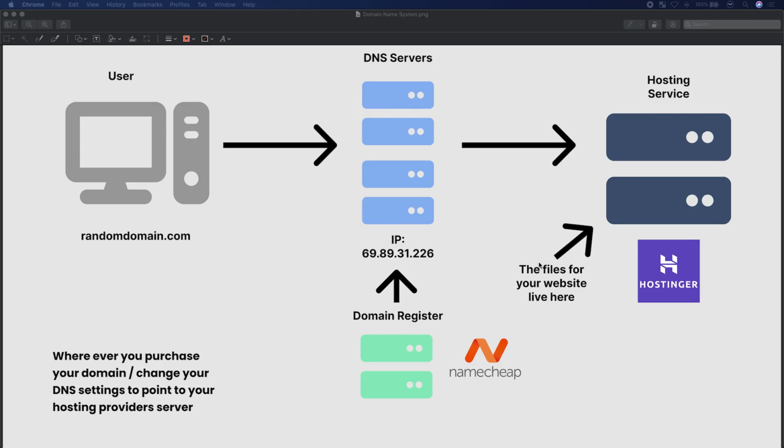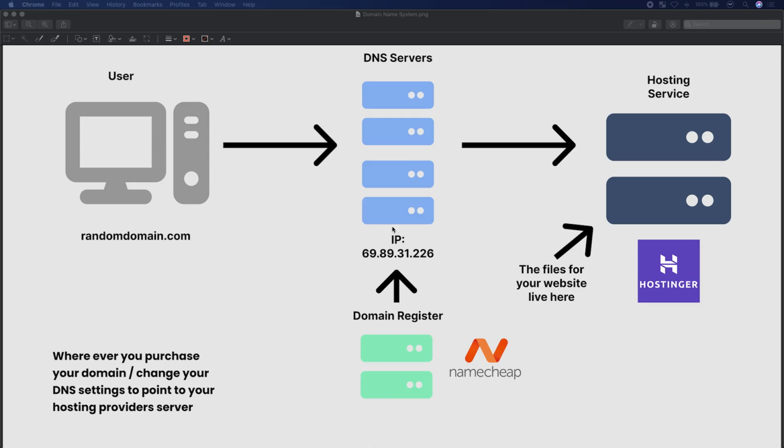So that's how you end up being able to connect these two components, how you're able to purchase a domain in one place, but then host your website in another. Because by utilizing DNS, instead of the random domain being directed to the domain registrar, you're essentially saying, hey, look, I want to get these assets.